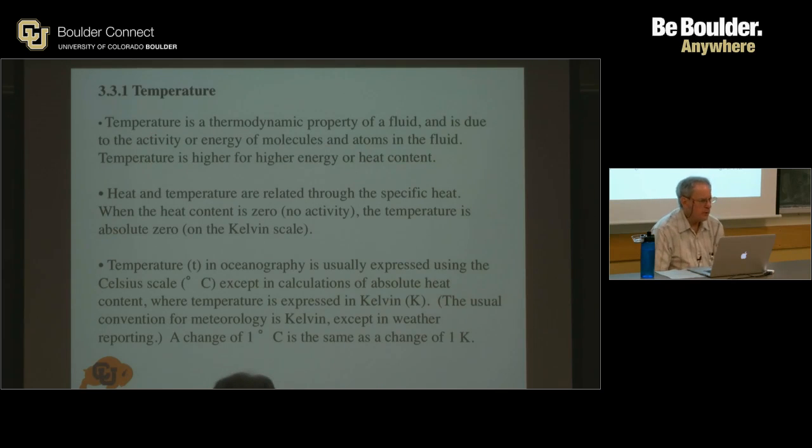So temperature is a thermodynamic property. Heat and temperature are related through a thing called the specific heat, which is a constant. When the heat content is zero, temperature is also absolute zero, which we've never achieved, although guys here in Boulder got pretty darn close.